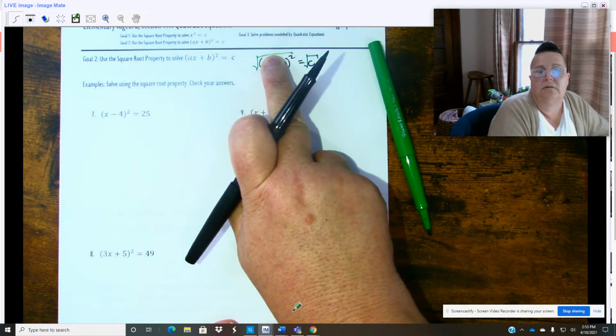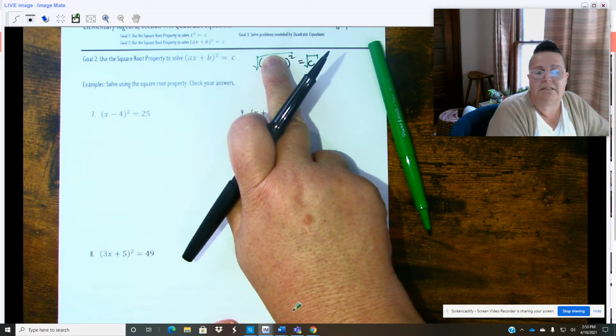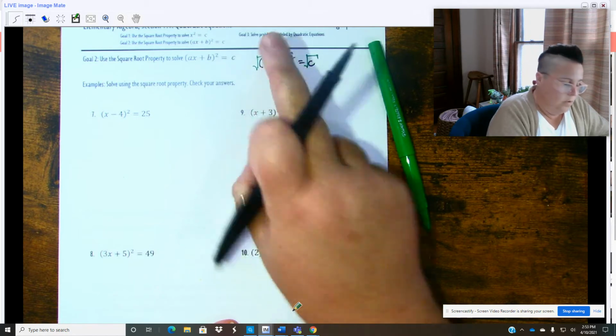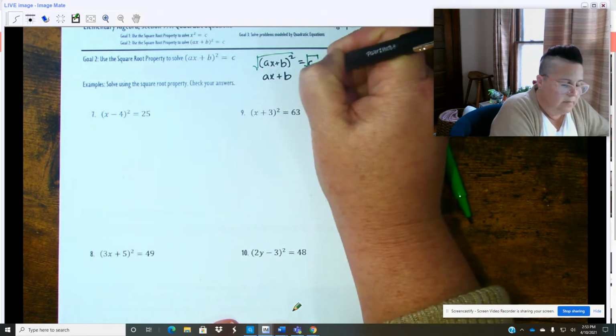Those cancel, right? So the square root function and the squared function are inverses of each other. So the square eliminates the power of 2. Square root eliminates the power of 2. So that leaves us with just the ax plus b in parentheses.